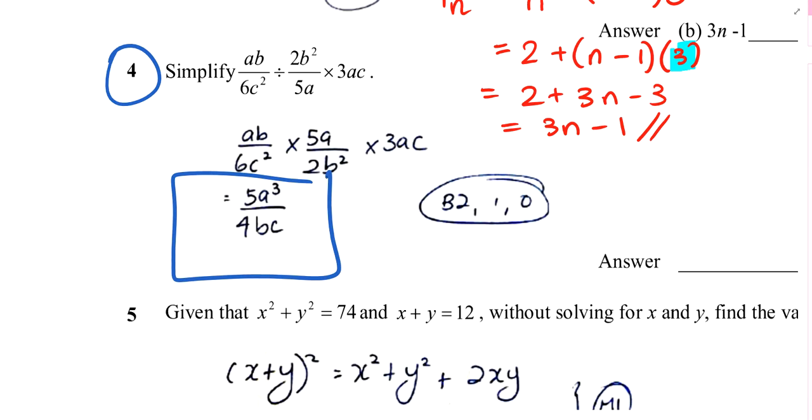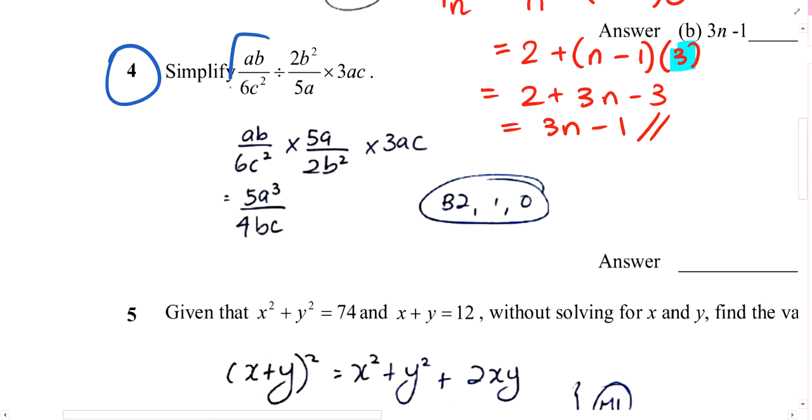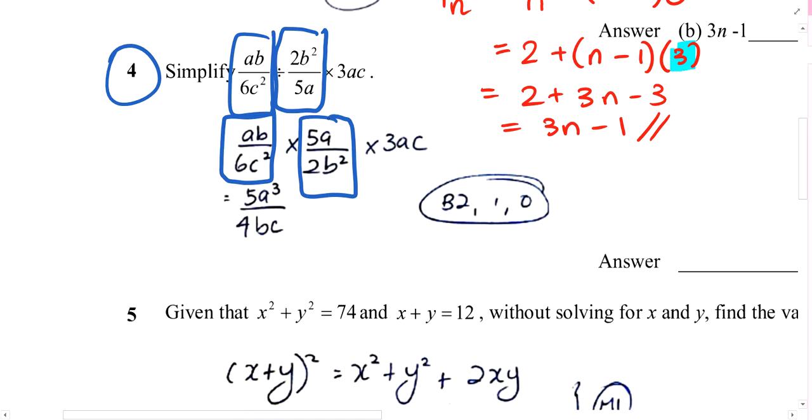Okay. So we start with ab over 6c squared. No change to that. Copy the entire thing down. Then we have a divide by 2b squared over 5a. When you divide a fraction, you might as well change it to a multiplication and flip. So we get multiply 5a over 2b squared, then you times 3ac.